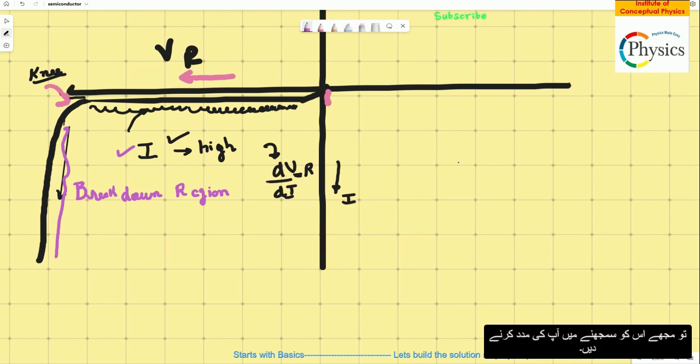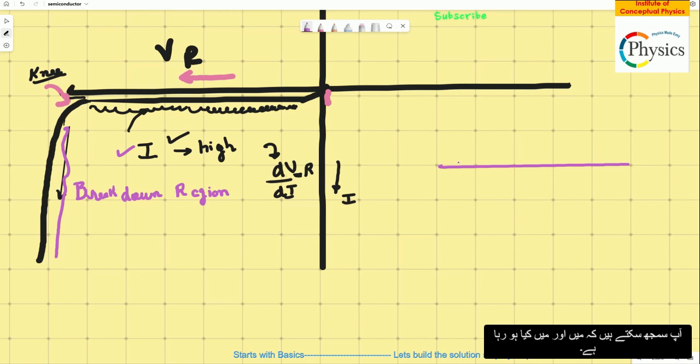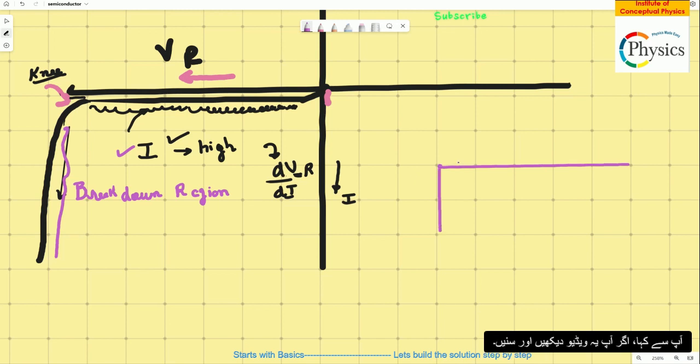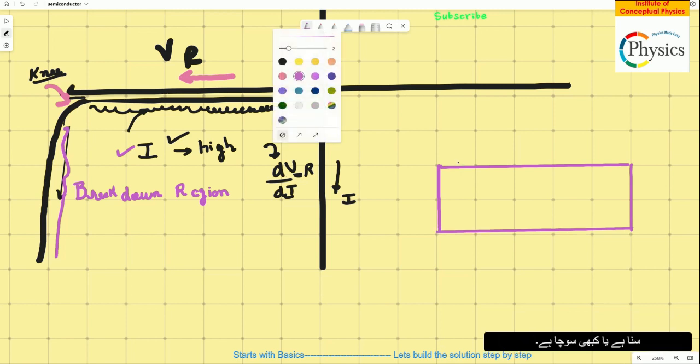Let me draw the PN junction diode so that you can understand what's happening inside. And I told you, if you listen through this video, you will be able to answer 10 to 20 reverse bias questions, because I'm going to give you some very important insights into stuff which you may not have heard or ever thought about.